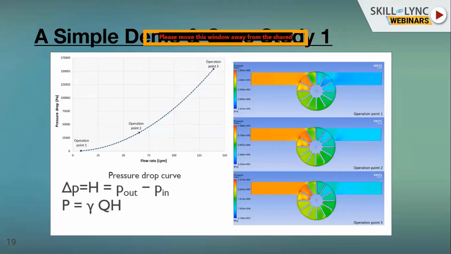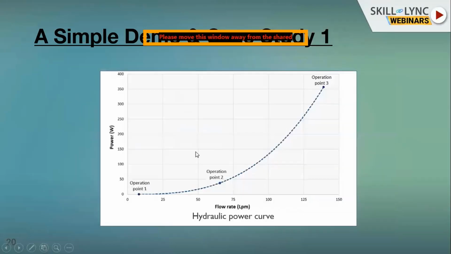So from this graph we can calculate the pressure drop. After calculation of this pressure drop, we can substitute in the power required formula. Power required is nothing but rho g QH or gamma QH. This is one and the same, and we can get the power. You can see this in the next slide.